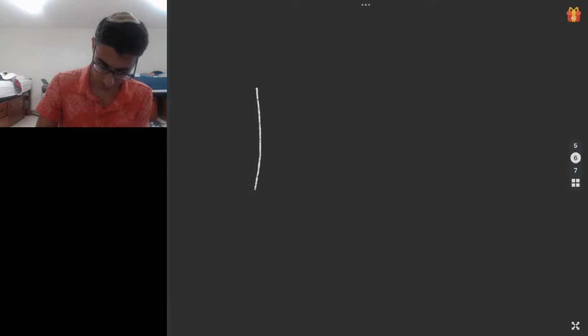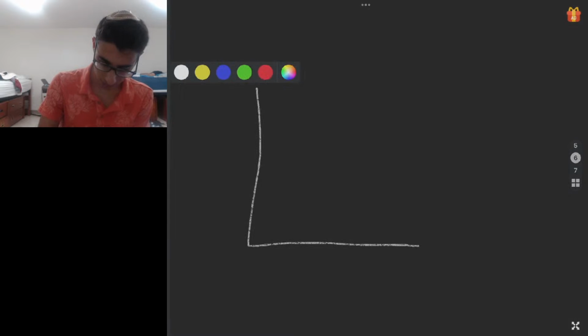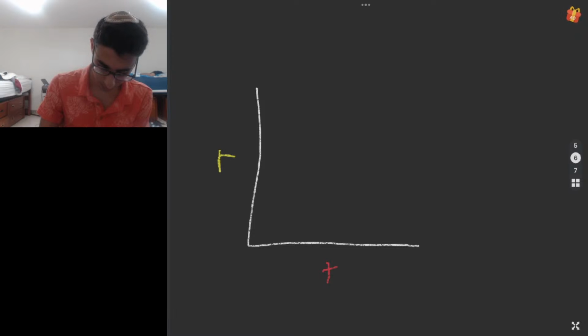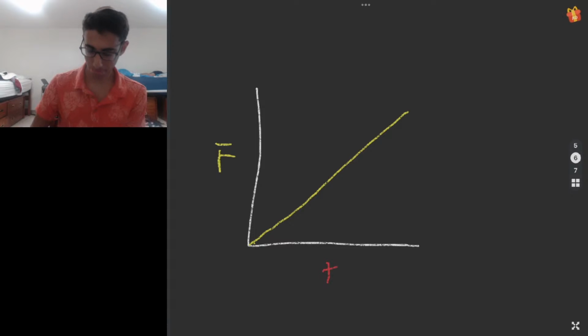Okay, so let's make our axes again. We have time, and I'm going to stick to having position. Imagine it looks something like this. It's just a line. If it's just a line, it means that our velocity is constant.